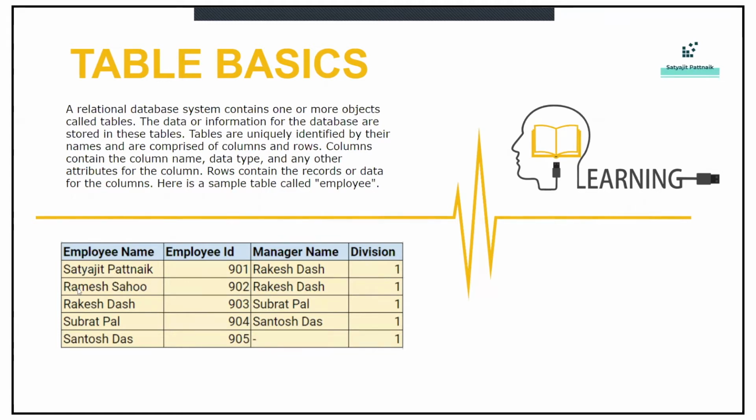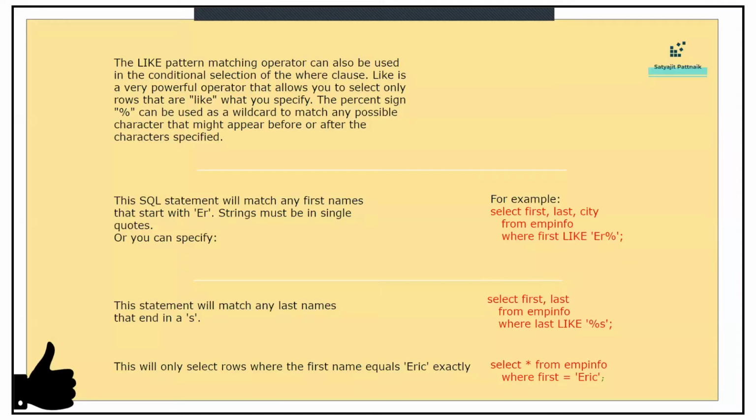Let's say you want employees whose name starts with R and ends with O, then where employee name like 'R%O'. That means your first letter should be R, your last letter should be O, and in the center it can take any combination. So your output will be the second row: Ramesh Sahu, 902, Rakesh Das, and 1. This will be your output.